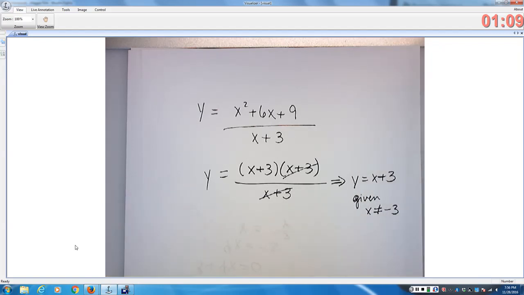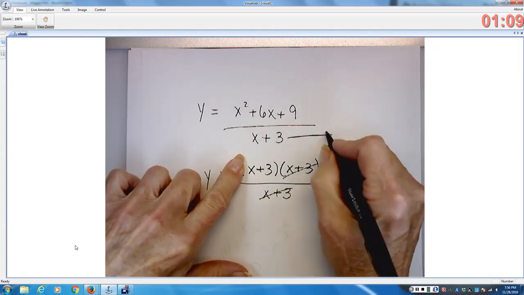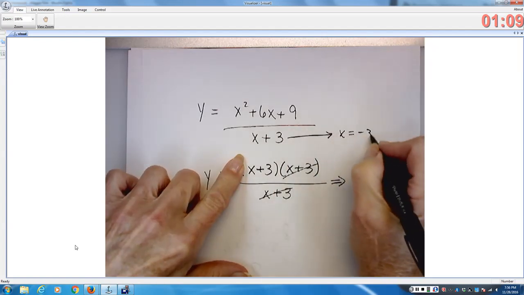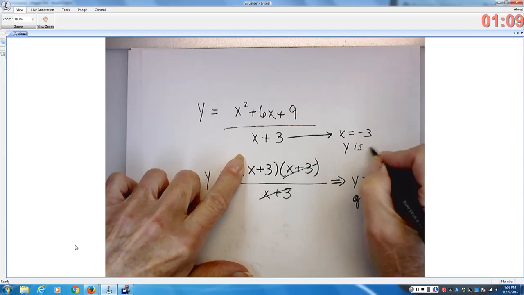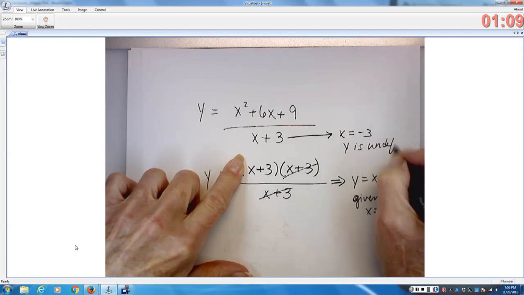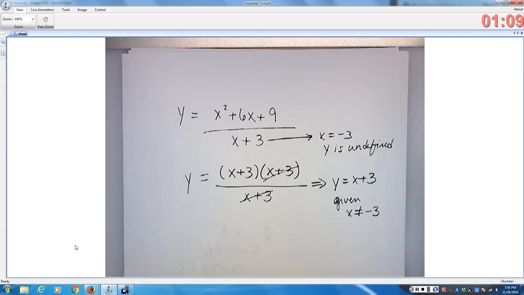As long as I don't let x be negative 3. Because if I let x be negative 3, then the y value would be undefined. Okay?